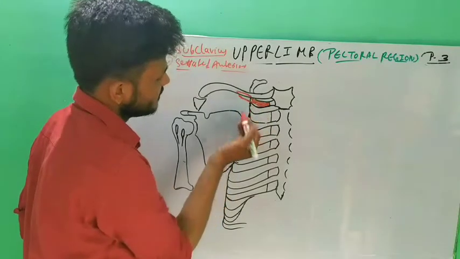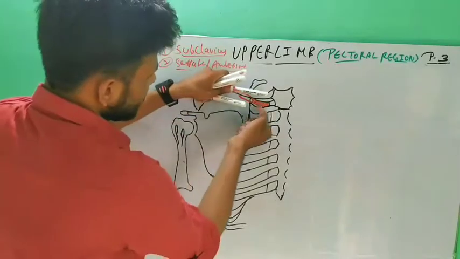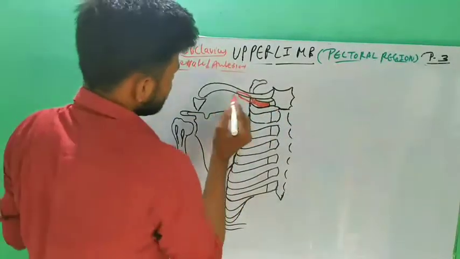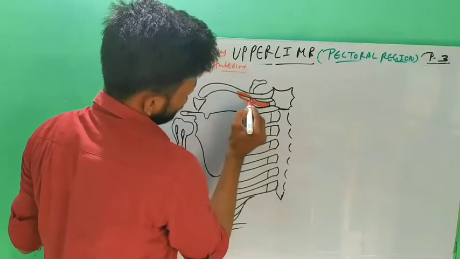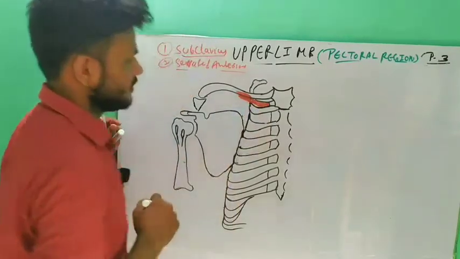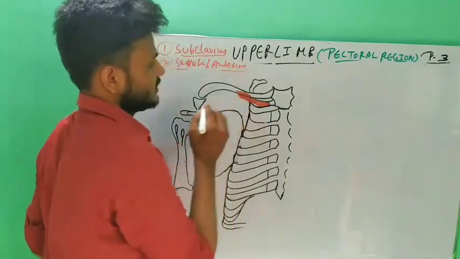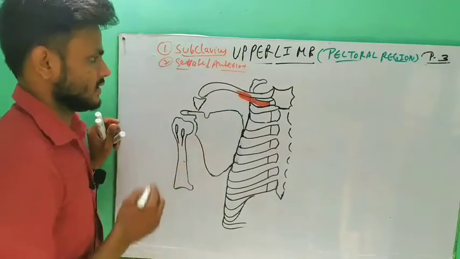Suppose this is the clavicle, then this muscle will be inserted there. This is the subclavian groove and this muscle is called the subclavius muscle. It originates from the first costochondral junction and is inserted into the subclavian groove of the clavicle.